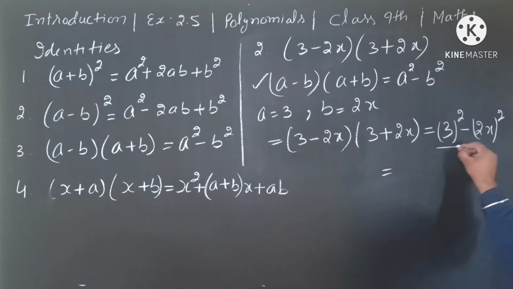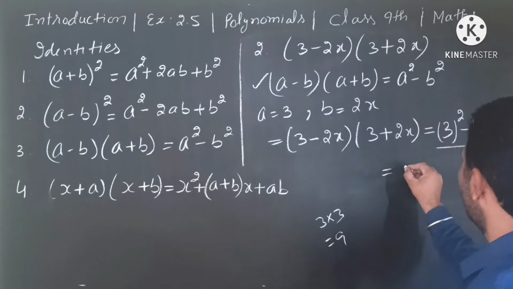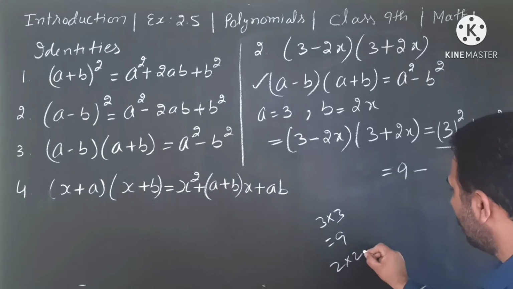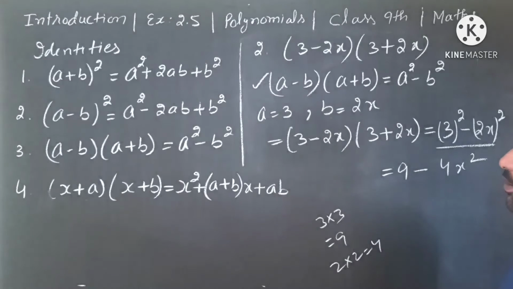Now we will solve this equation. 3 square means 3 multiply 3, that is 9, minus 2 square means 2 multiply 2, that is 4, 4x square. Okay students, this was our identities.